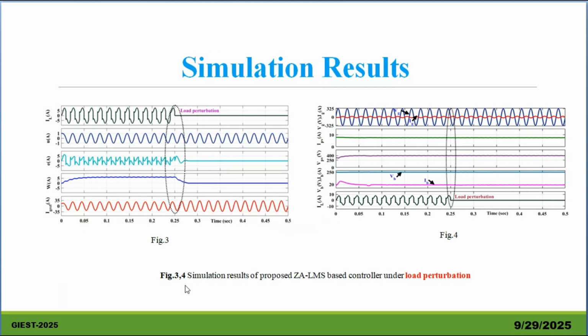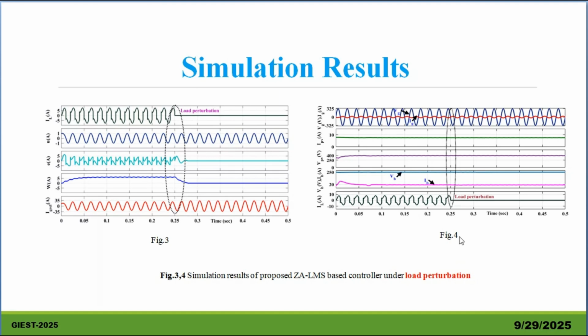Simulation result. In figure 3 and 4, the simulation result of the proposed ZA LMS based controller under load perturbation is recorded. In figure 3, load current is perturbed at 0.25 and corresponding changes occur, like error and fundamental weight also change. But the unit template and generation of grid reference current maintain sinusoidal with increased magnitude.